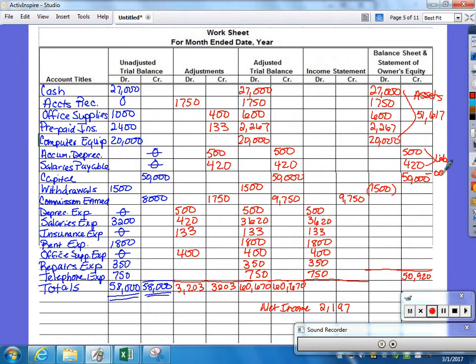So we need to subtract withdrawals first, right? Yes. And then you need to add what? Net income. And tell me what that amount is. How much is it?